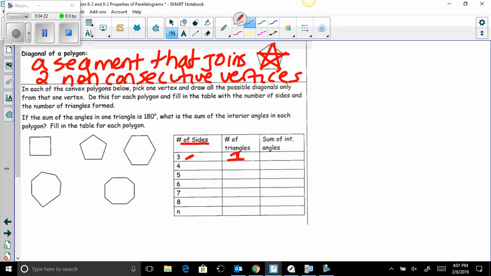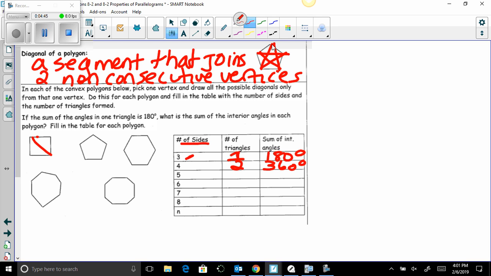So the sum of your interior angles is 180. What about if I have a figure that has 4 sides? How many triangles can I end up making? If I do my diagonal there, I can make 2 triangles. If I have 2 triangles, the sum of the interior angles is 360 degrees.